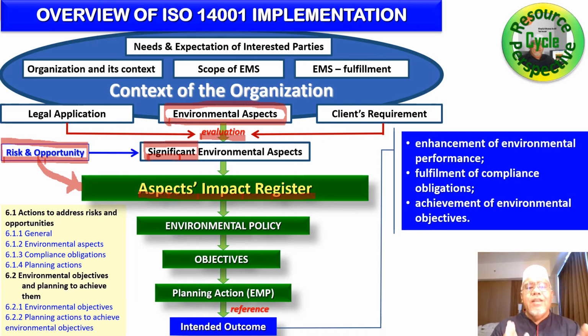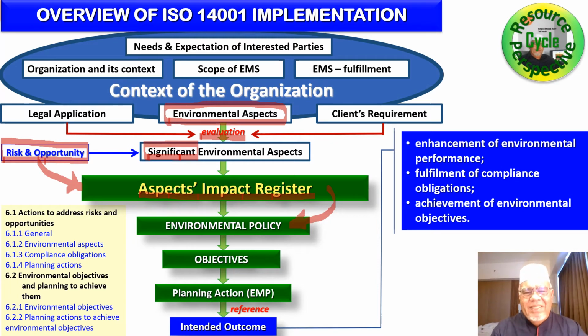Once we have the aspects impact register fully done, then we look at it, and the organization's top management especially and the steering committee will sit down and figure out what sort of policy statement would be appropriate for the company by linking the environmental policy with the background of their list of environmental aspects and impacts.